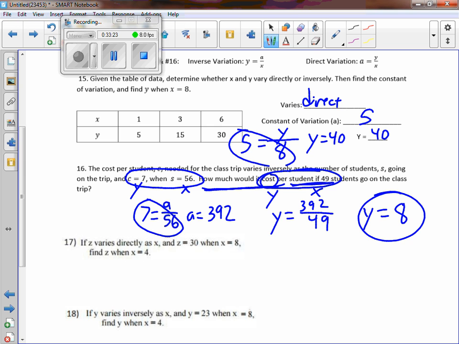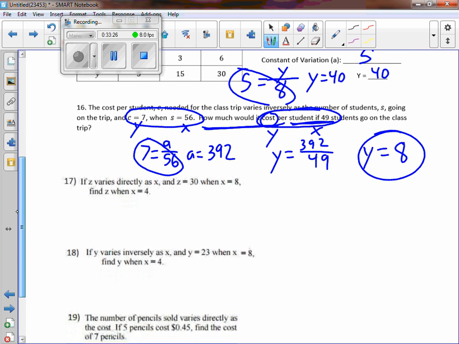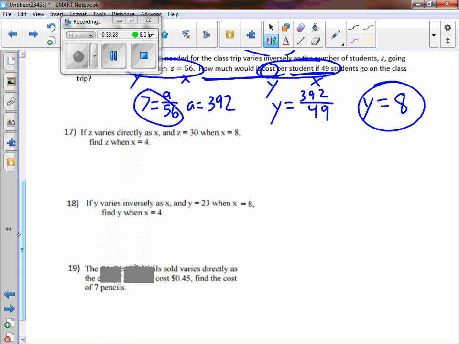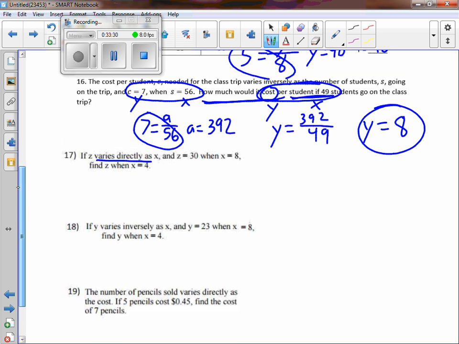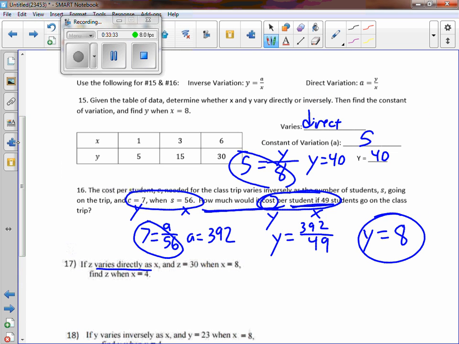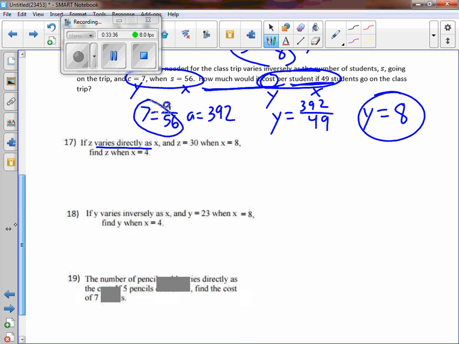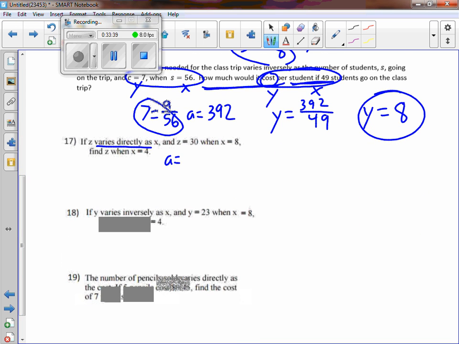So jumping to number 17, we have varies directly. So we use that direct formula right here. A equals y over x. So z varies directly as x. Z is 30, x is 8. Find z.